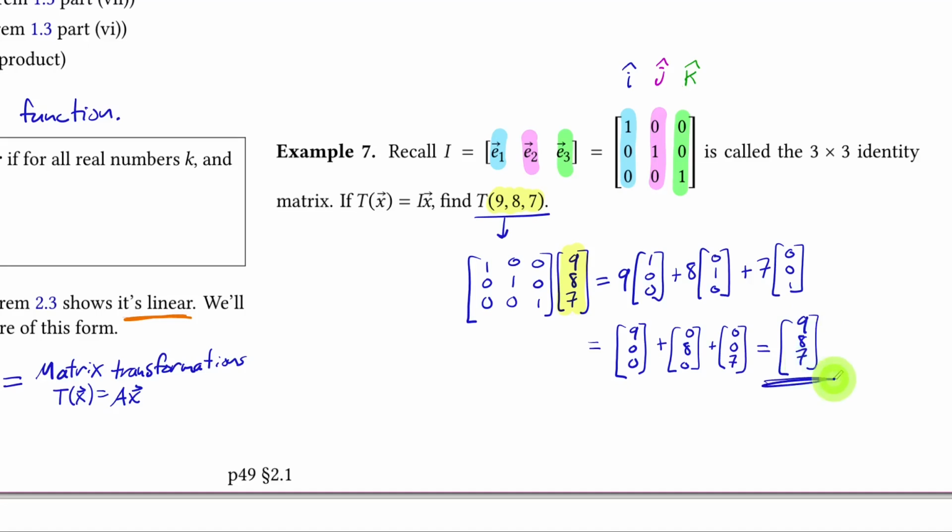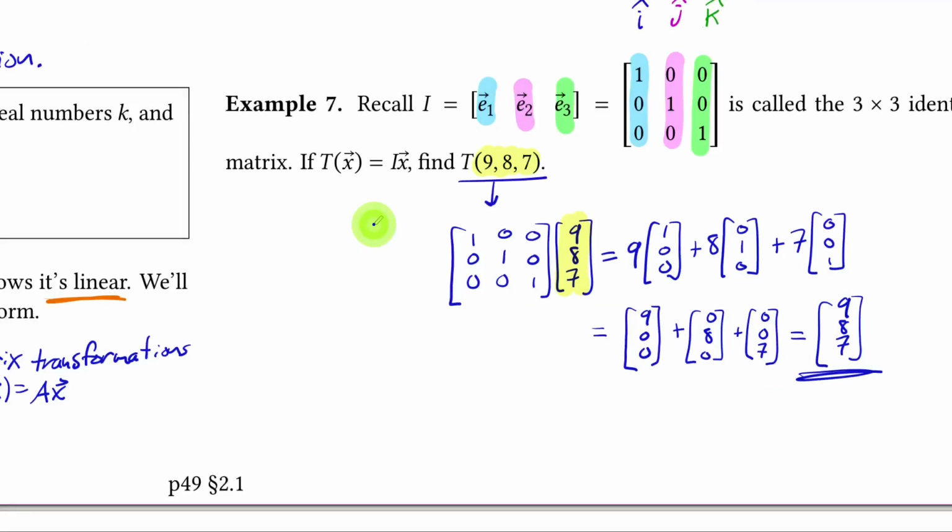So in general, it turns out that T of x is just equal to x here. That I times x with this matrix I does not change x. That's why it's called the identity matrix, because the output is identical to the input.